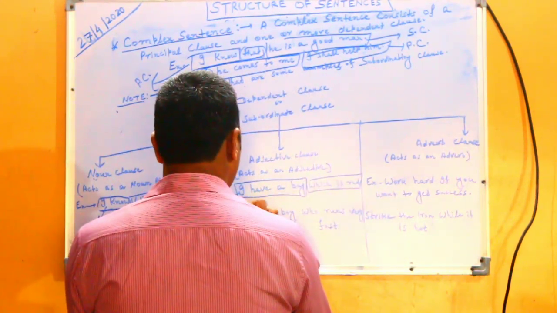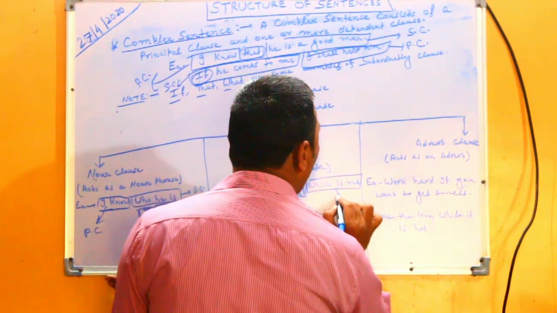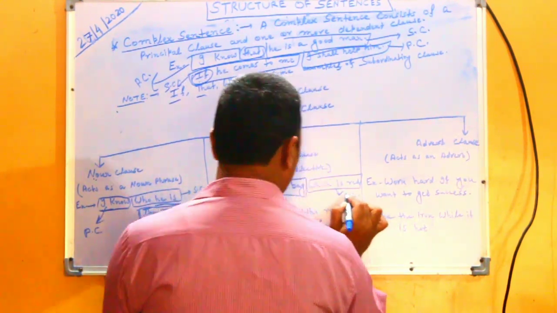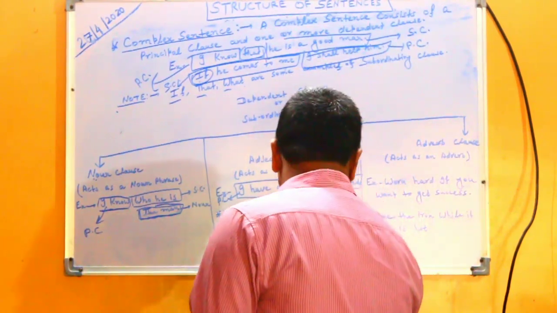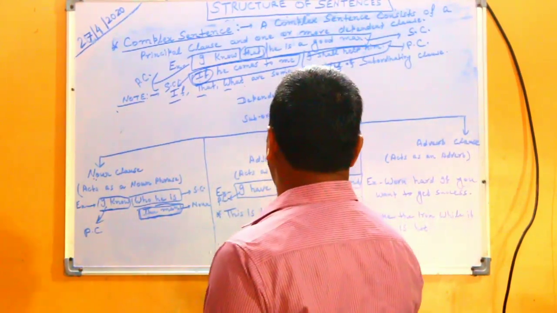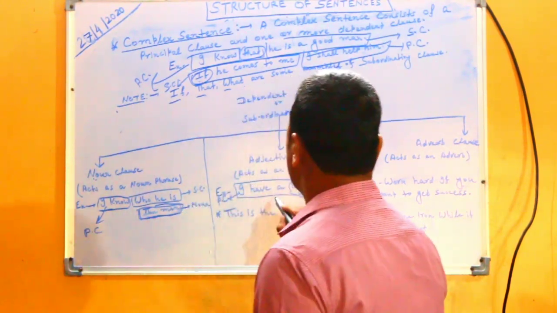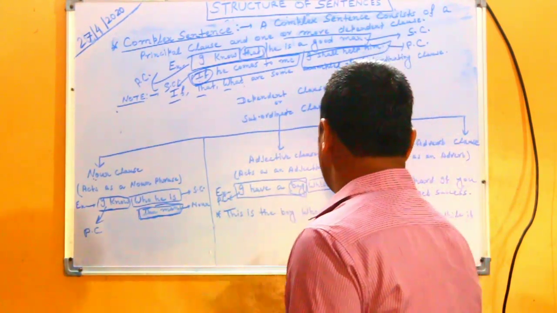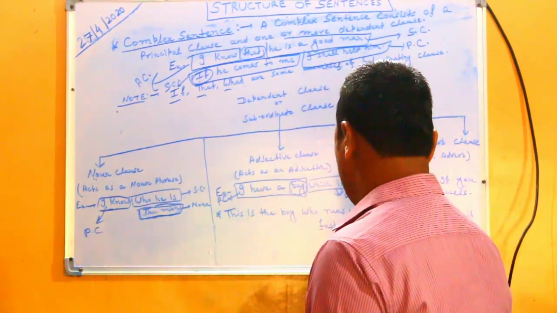First one is principal clause, second one is subordinate clause. And according to the definition of adjective clause, this subordinate clause qualifies the noun, that is bag, and it is present in principal clause. So it is called adjective clause.